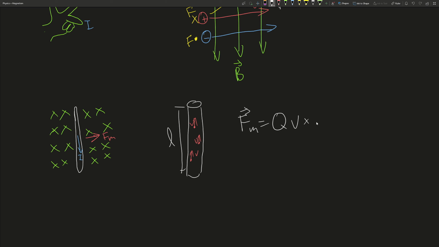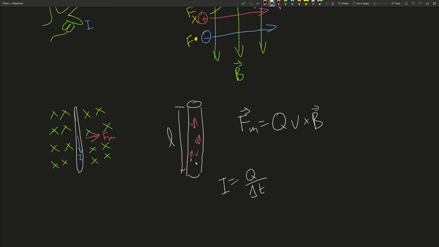Now v here, the velocity of this, we can determine with its relation to current. So if there's a current I passing through the wire, that means that there are Q charges passing through the wire in a certain time interval.